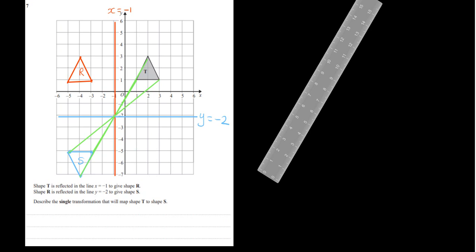Again, apologies because it's taken this long because of the lack of tracing paper. Right, so how do I describe this transformation? I would say rotate, let me switch to red, it's a bit more vibrant. There we go. So rotate T 180 degrees.